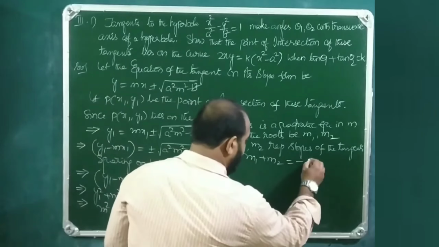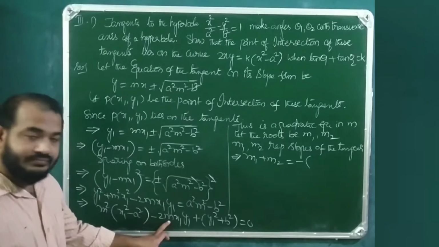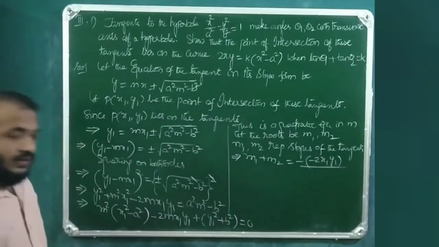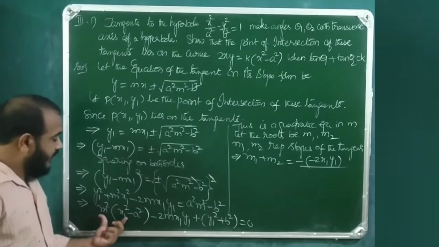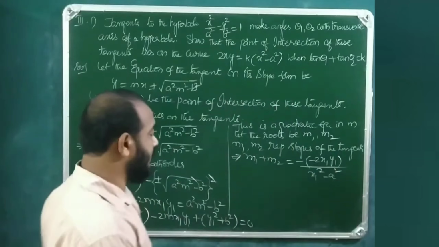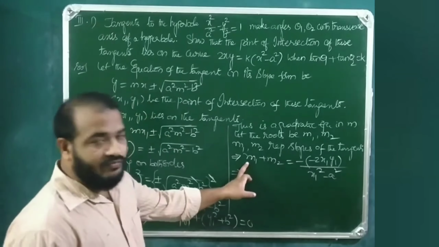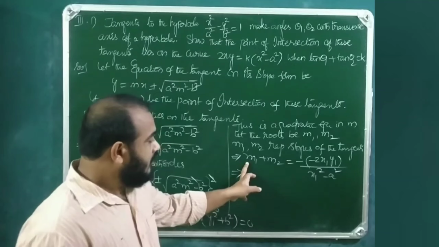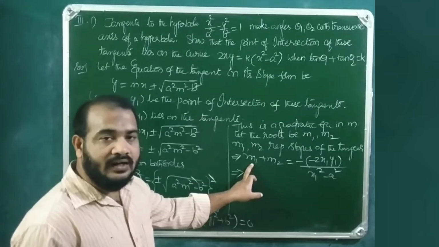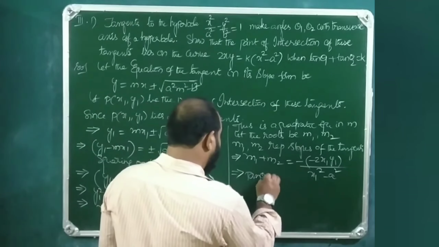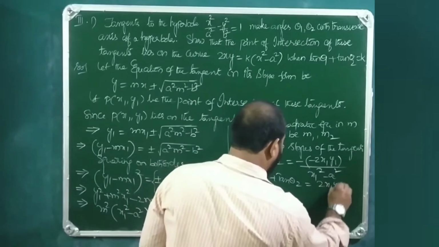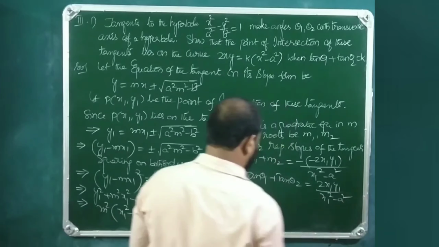So, −b means the coefficient of m, −2x1y1, and a means the coefficient of m², x1² − a². Here m1 is the slope of the tangent, so m = tan θ, the tan of the inclination. So, tan θ1 + tan θ2 = 2x1y1/(x1² − a²).